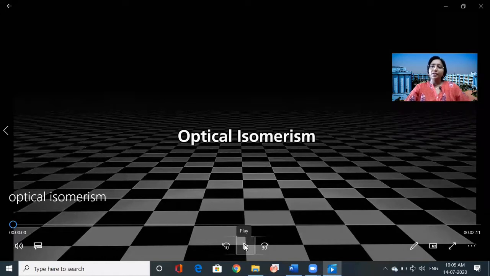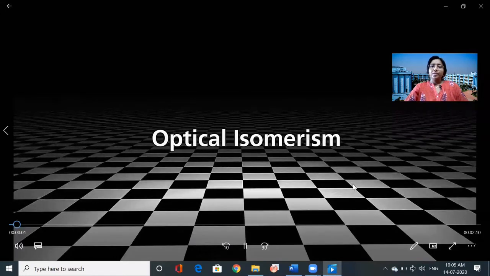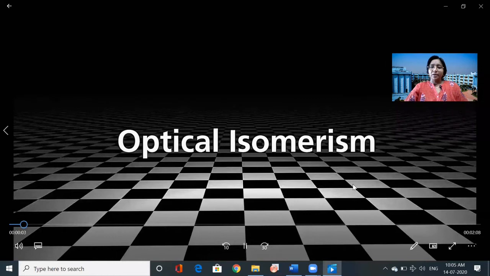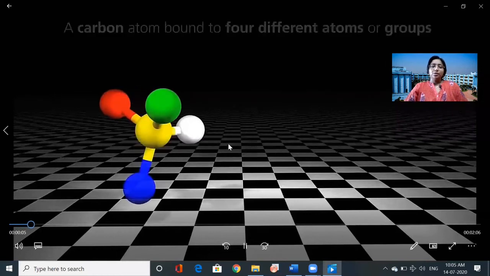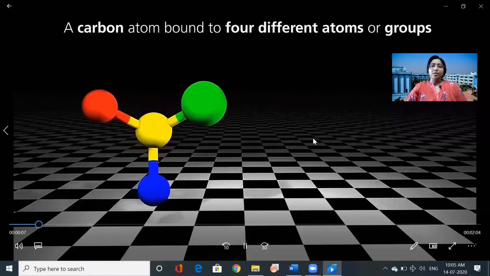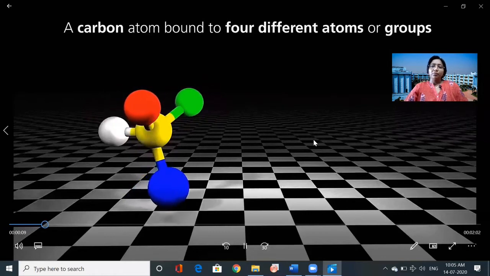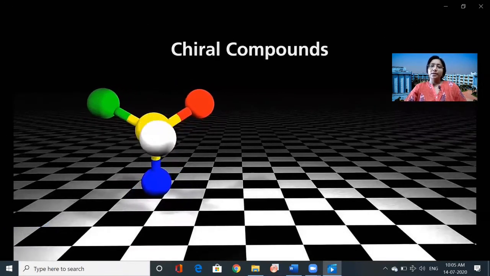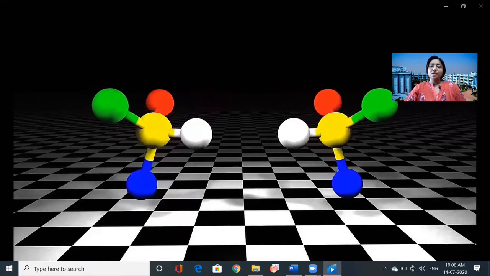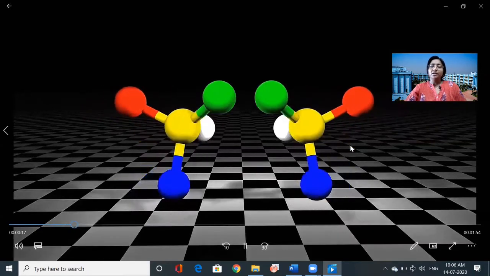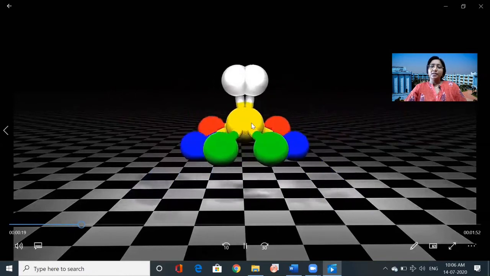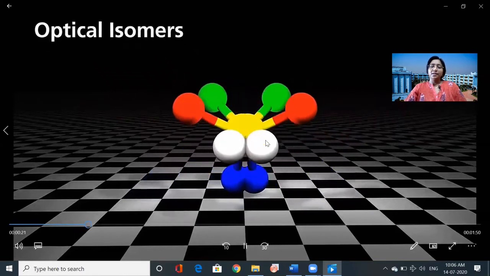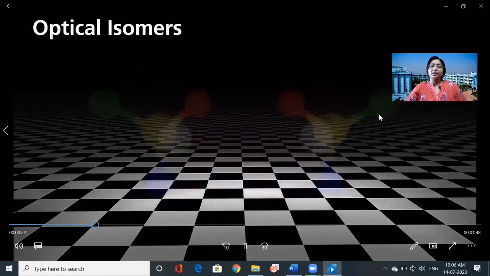There are different terms. I will explain one by one. Here you can see the carbon atom with 4 different atoms or groups. And what are chiral compounds? If it contains different groups, like say the carbon is yellow colored, and the different groups are red, green, white, and blue.